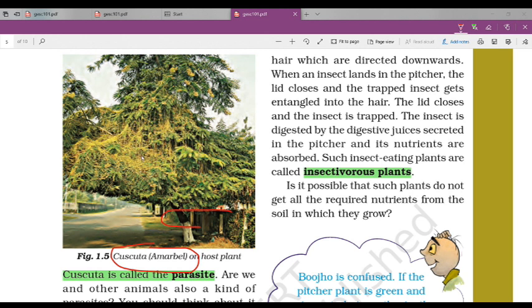This Amarbel, which is in the form of a thread-like, rope-like structure spread all over the tree, has its roots embedded inside the main plant, and it only absorbs whatever is prepared by the process of photosynthesis in the host plant.